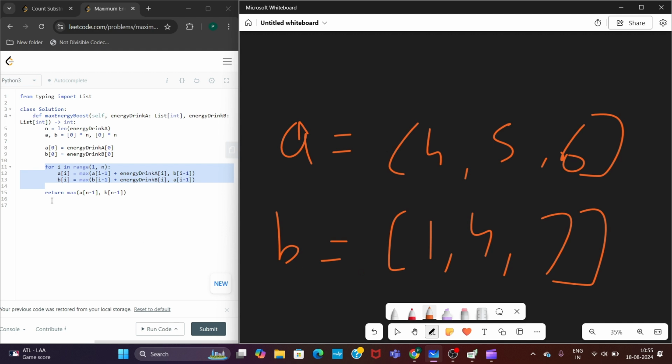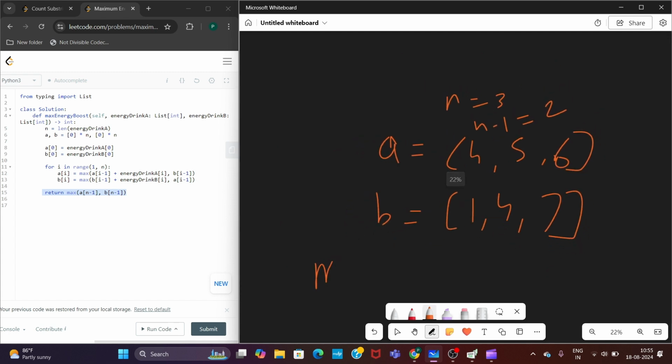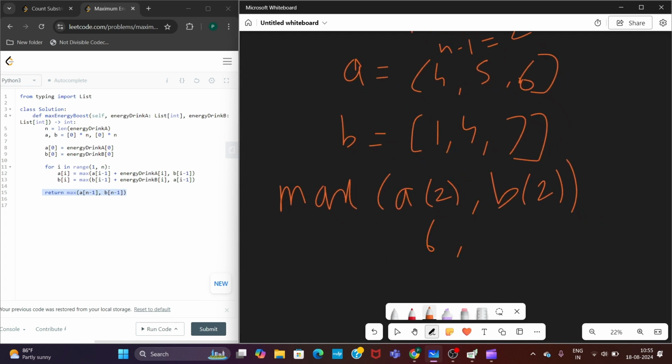So we'll have to return the maximum of a of n minus 1 comma b of n minus 1. N is 3, so n minus 1 will be 2. So we have to return the maximum of a of 2 comma b of 2, which is the maximum of 6 comma 7. So our answer will be 7 in this case.